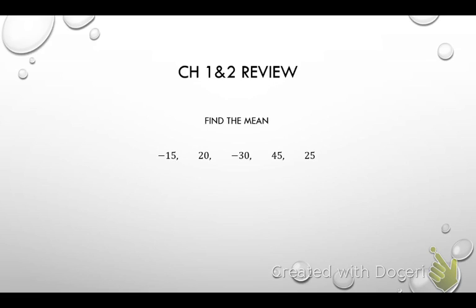The last question on your test is find the mean. Here's what you have to your advantage. You have what on your test tomorrow? Calculators. You have calculators on your test tomorrow. Do you need them on this question? No, you do not need them because you solved these without a calculator on the last test.